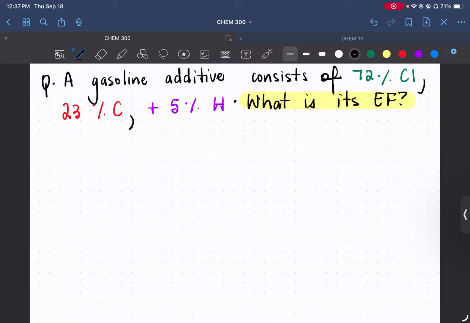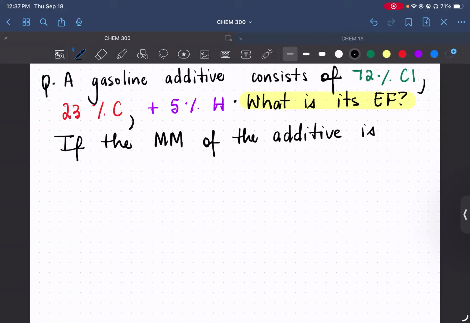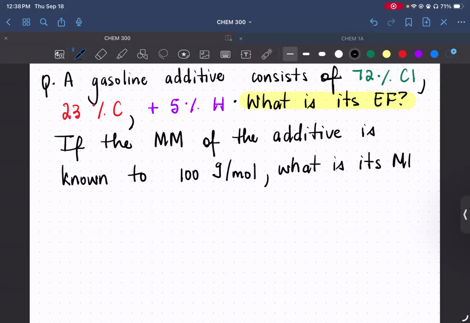The question doesn't stop there. It then says, if the molar mass of the additive is known to be 100 grams per mole, what is its molecular formula? So technically, two questions we're doing here.